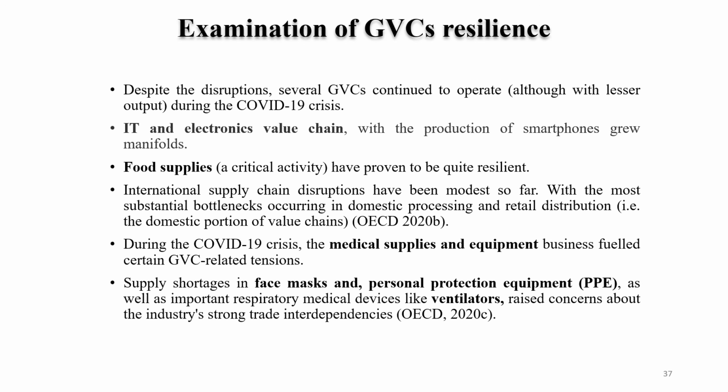So it is not the case that because of the pandemic, everything is destroyed. Some of the sectors remained very active and also did a lot of innovations during this time.